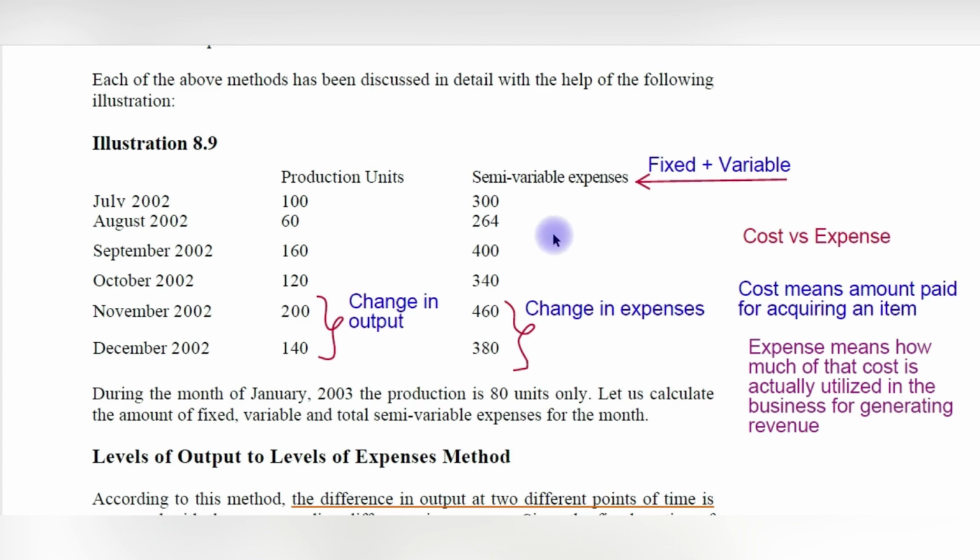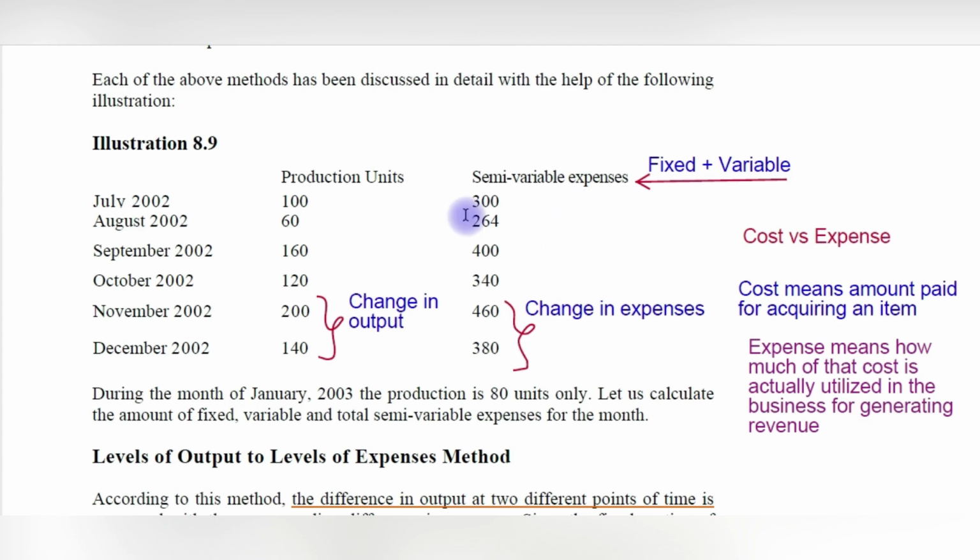Now, here production for different months in a company is given, and semi-variable, actually it should be cost, not expenses. We will use cost and expense interchangeably. Let us not be bothered about the terminology. We will get straight into the understanding of the topic here.